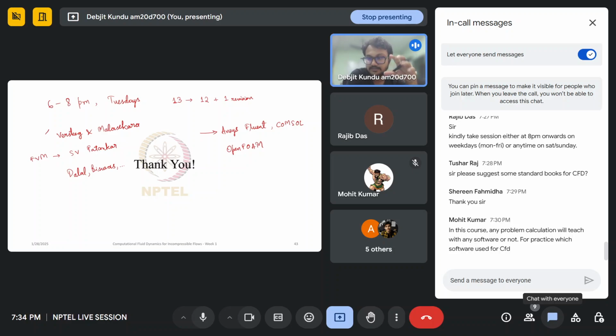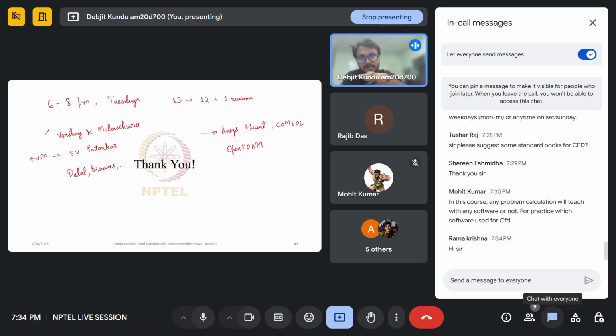But just for getting started, take a very simple problem. Let's say you want to solve a pipe problem, flow through a pipe, and you use one software to do that. Then once you have the pipe solved, make it a little bit more complicated, add a bent pipe and so on, and you can add more and more complications and go forward. So yeah, that's all I have regarding this.